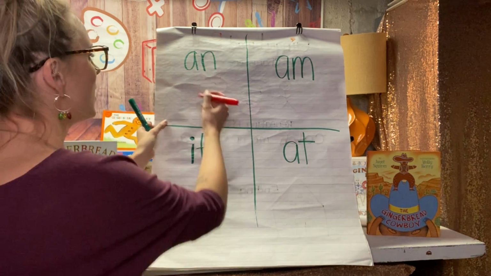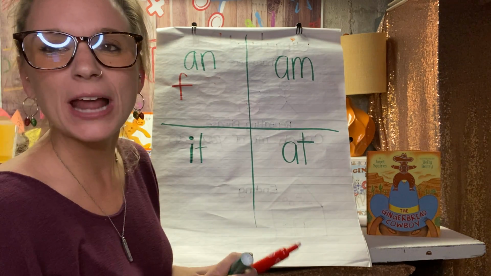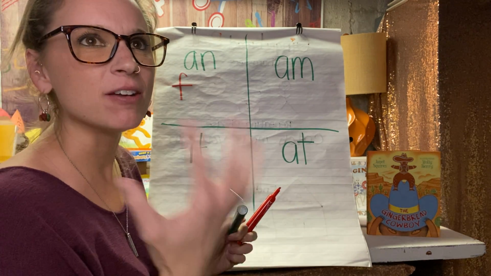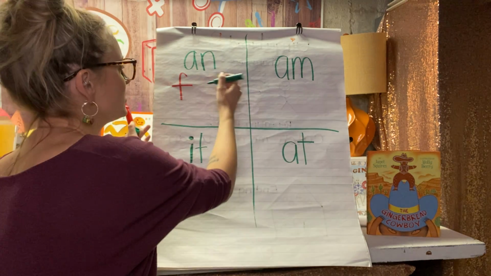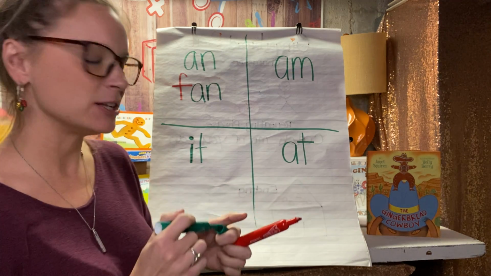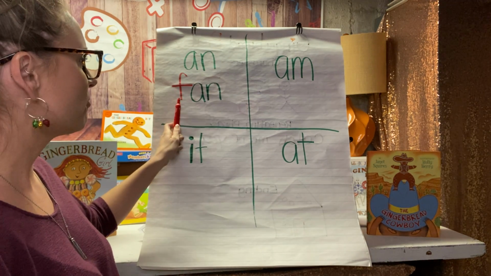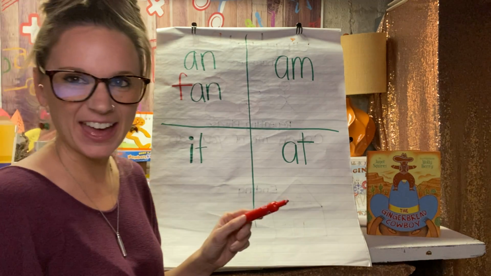But now if I put an F in front of the word an, I don't have to sound the whole thing out because I know that an says an. So putting an F in front of that an makes it say fan. Okay?